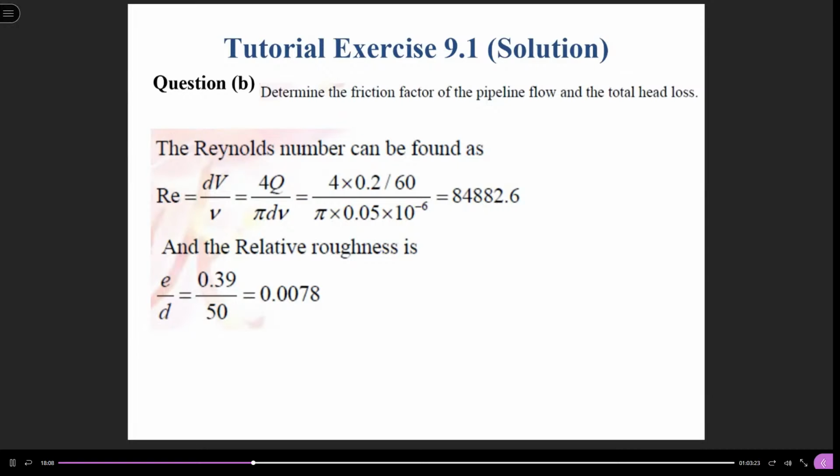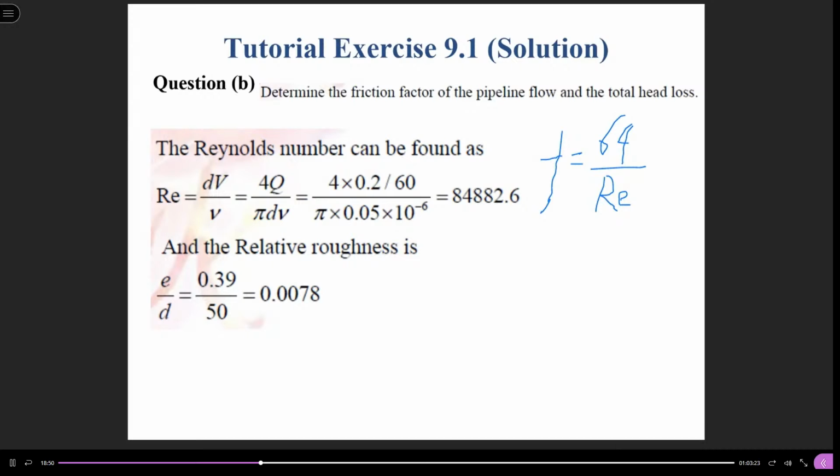If the fluid is laminar, the friction factor can be calculated by this equation, the ratio of 64 and Reynolds number. And if the fluid is turbulent, the friction factor can be found from the Moody diagram, right?